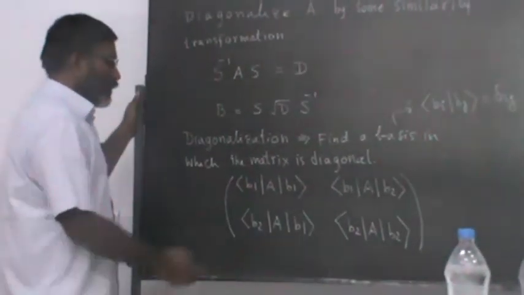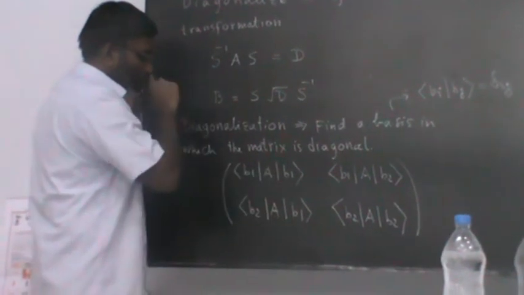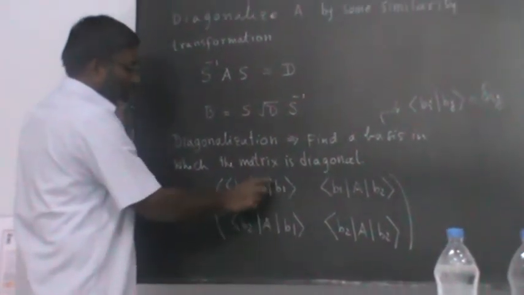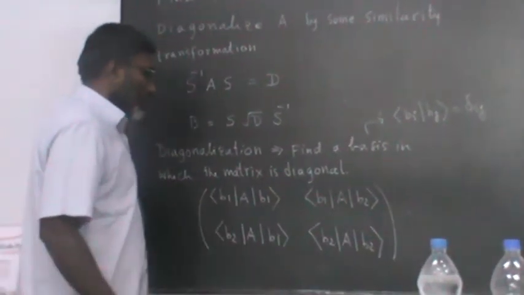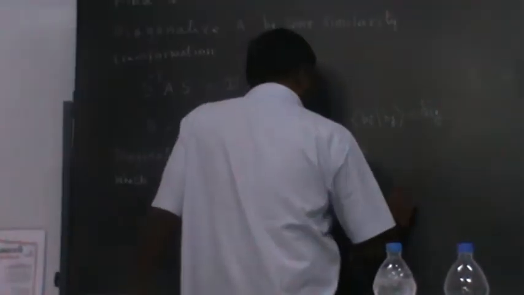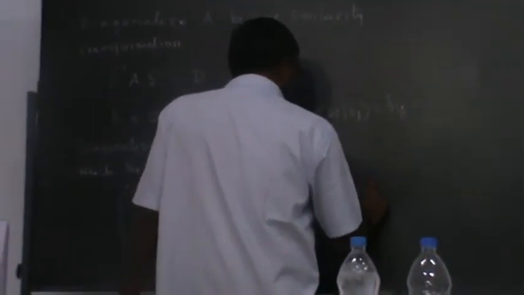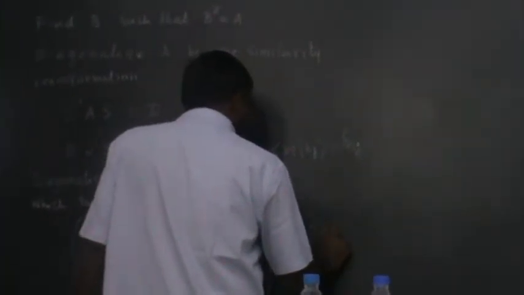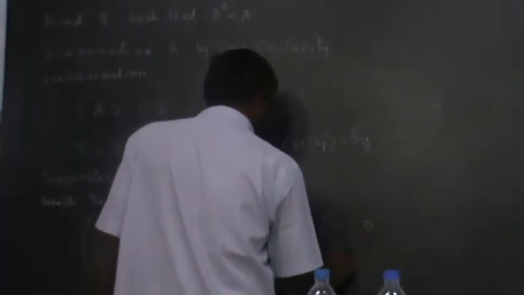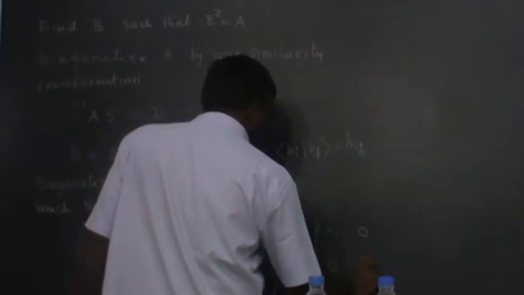Now, in general, what I want is, I must choose my B1 such that there should be a value here, and there should be 0 here, there should be 0 here, and there should be a value here.